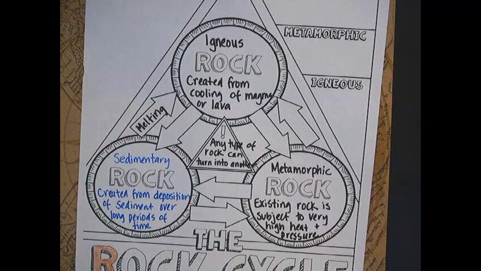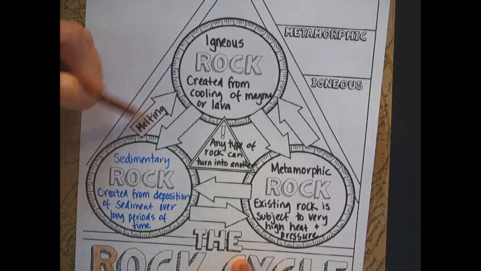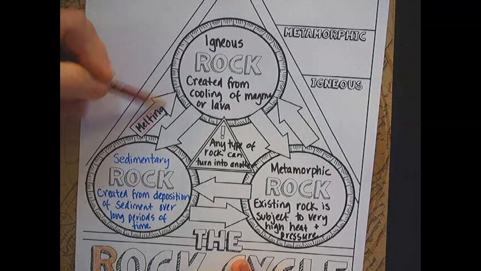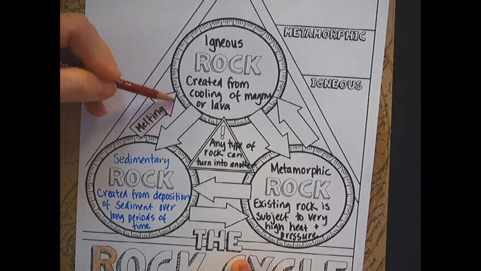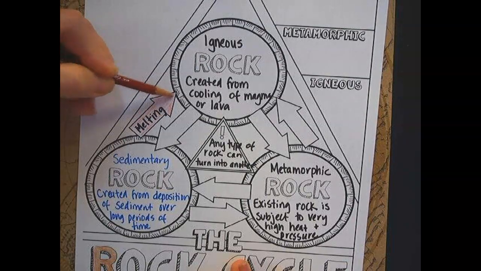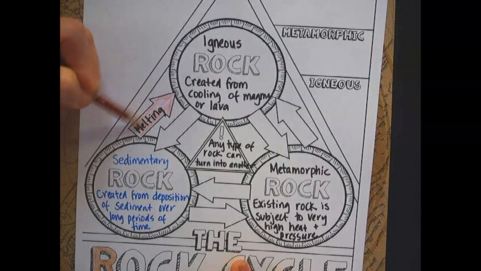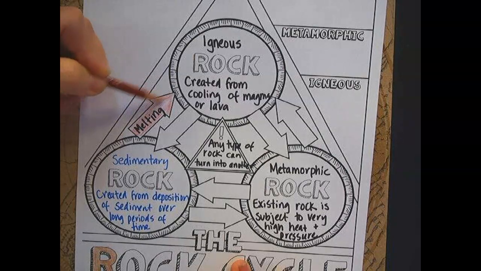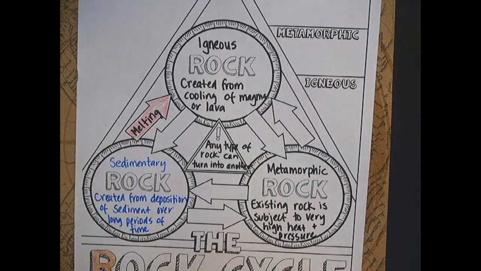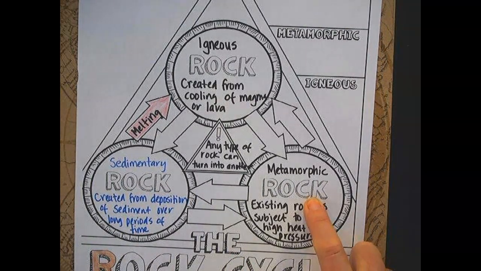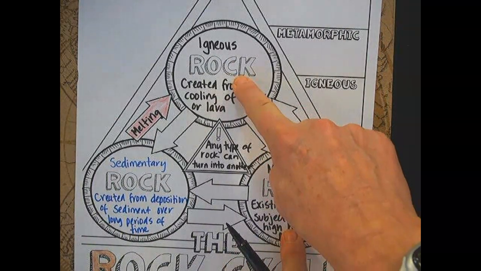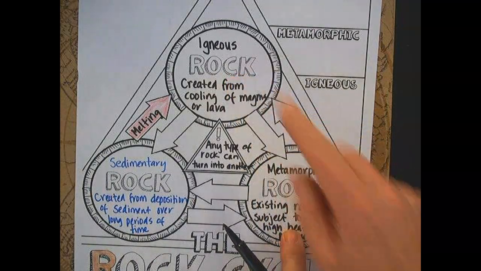And on mine, what I want to do is color code some of these so I can see really clearly. I'm going to show this melting as red so that I know this meant fire or hot, which will help make sense for me. Anytime I see melting, I'm going to color that red. And anytime it's forming igneous rock, it has to melt.